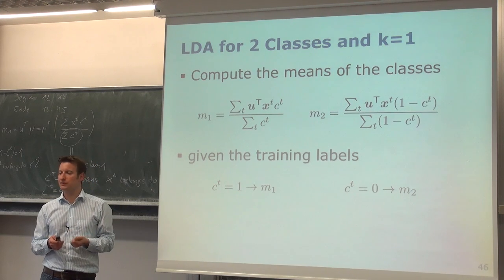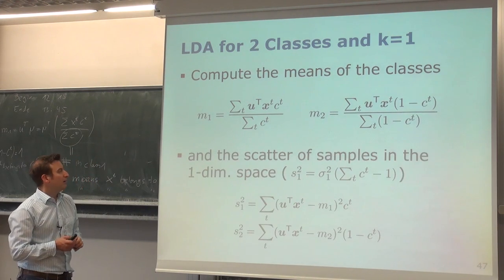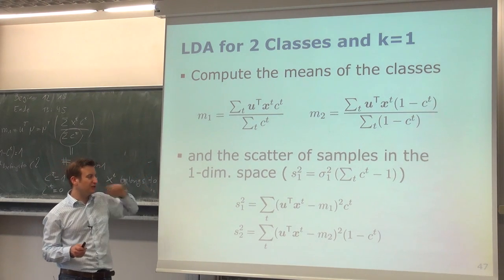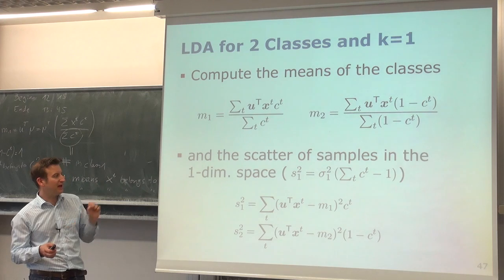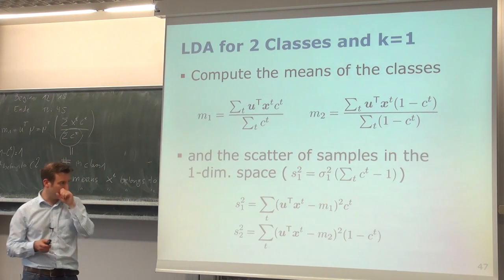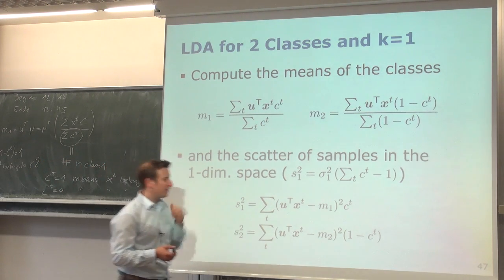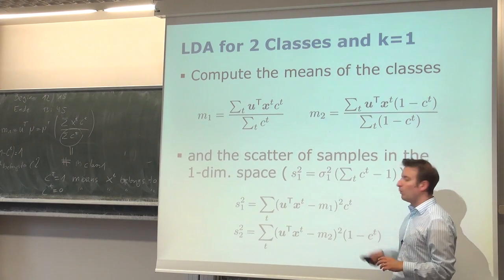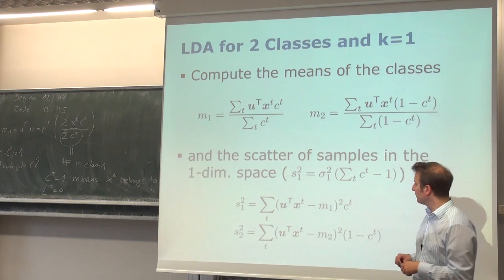Now let's look into S, the spread. We can just look into how scattered those samples are in the one-dimensional space over here. That's actually very related to the variance, only the 1 divided by n minus 1 factor is missing.